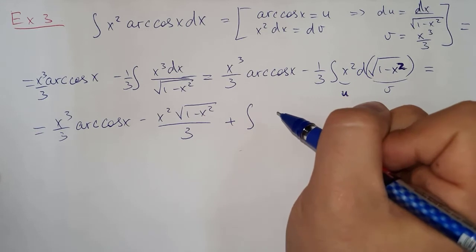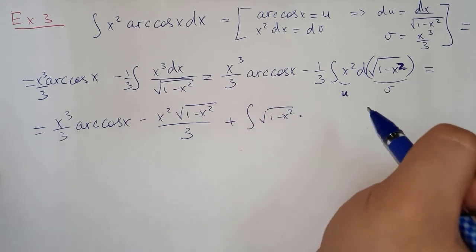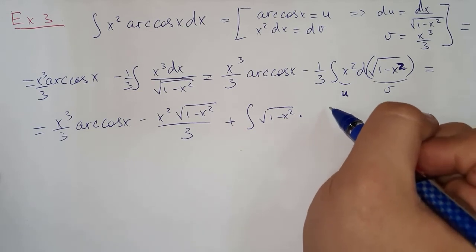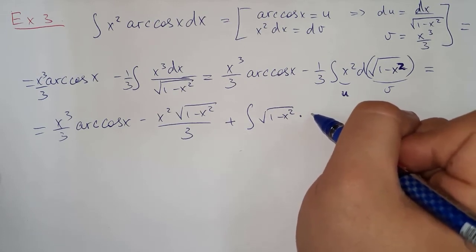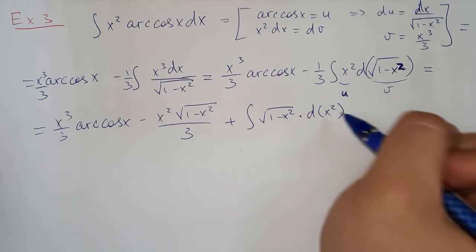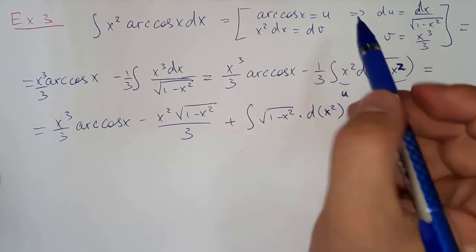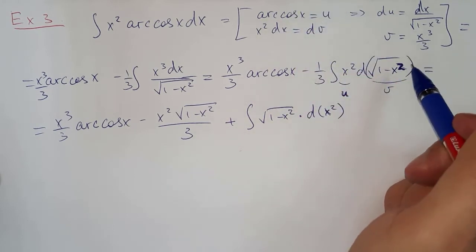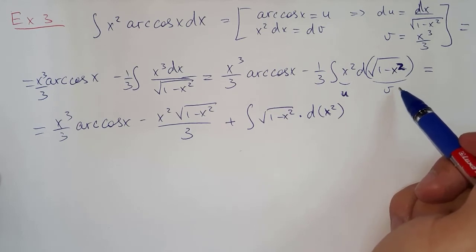So now v du: v is 1 minus x squared times du, or we can write it like this, 2 dx squared. Yes, this is du, where u is x squared. So we can just find it like this, or just use the differential to define our u and v here.